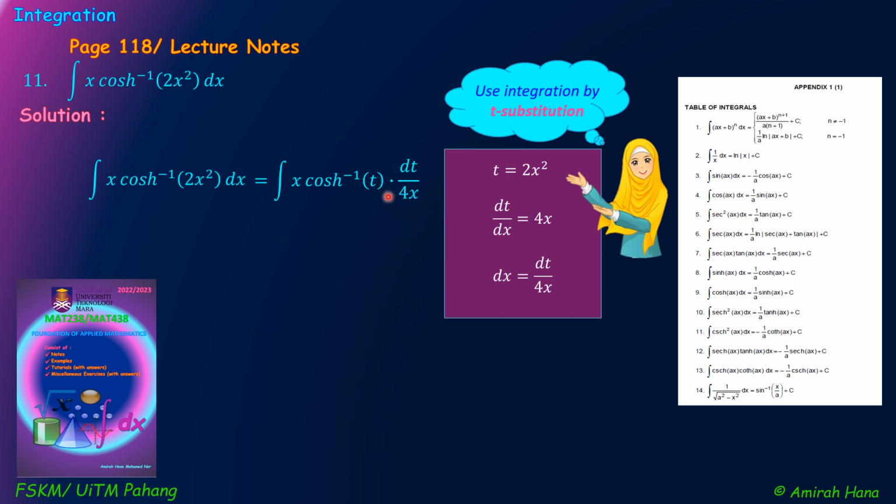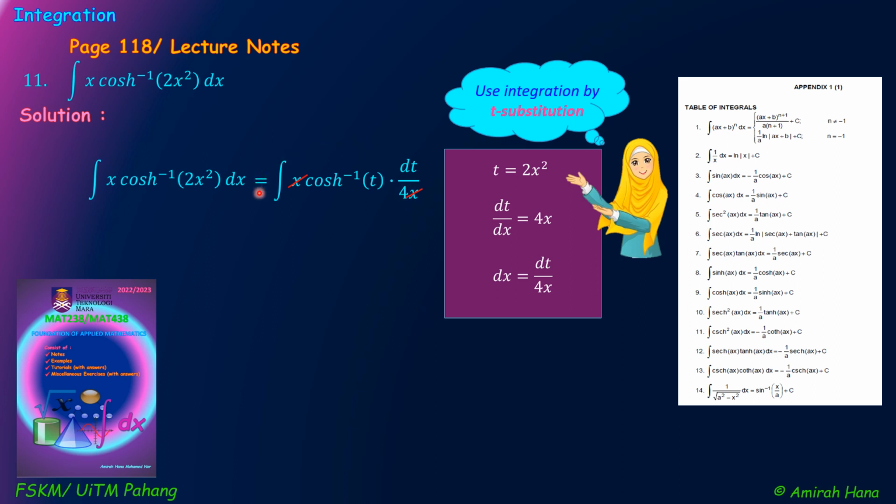From here we have x, and we also have x in the denominator, which means we can simplify. At the same time, we can move out the 1 over 4.